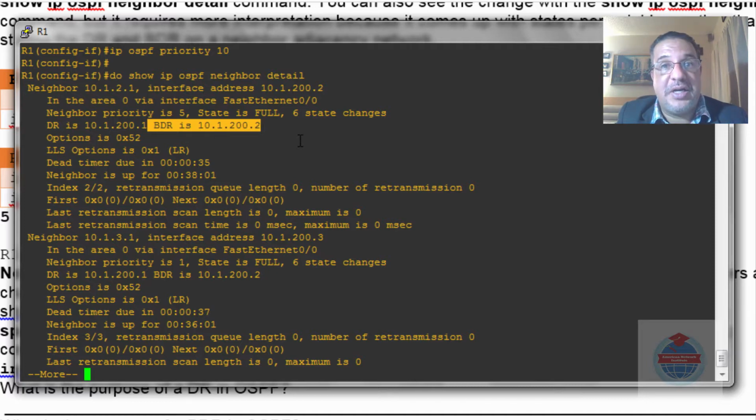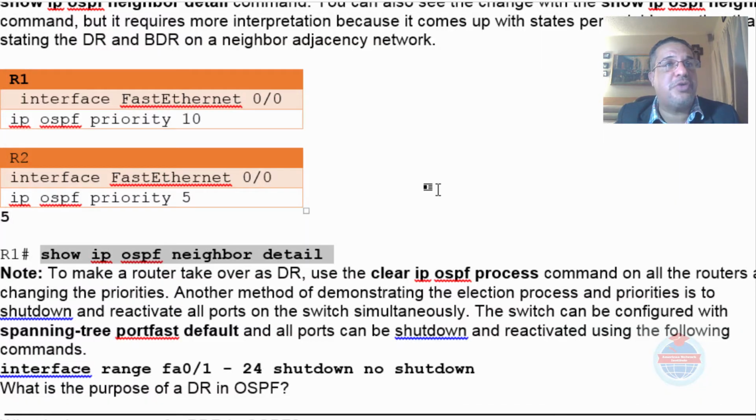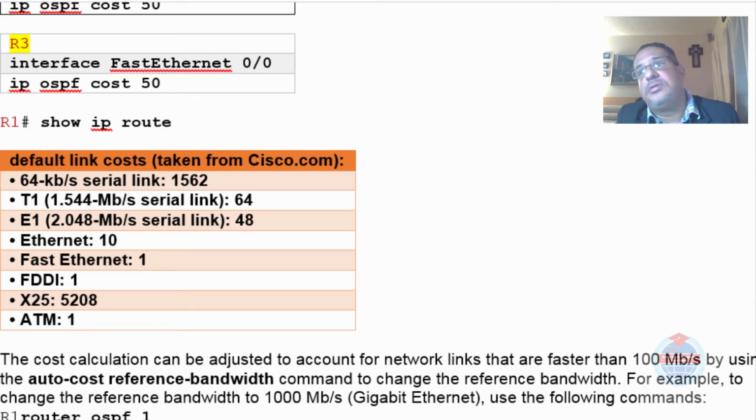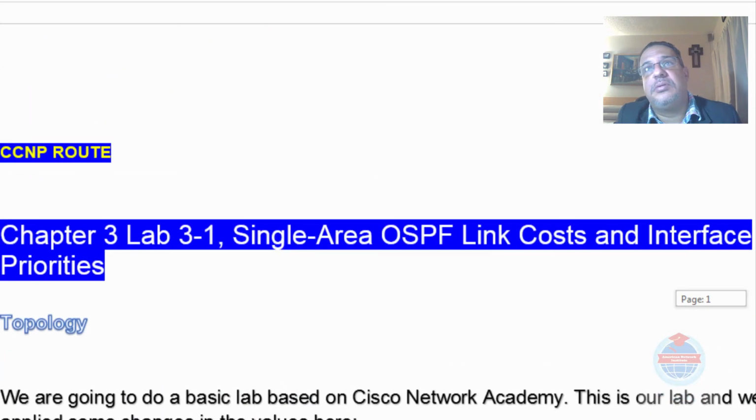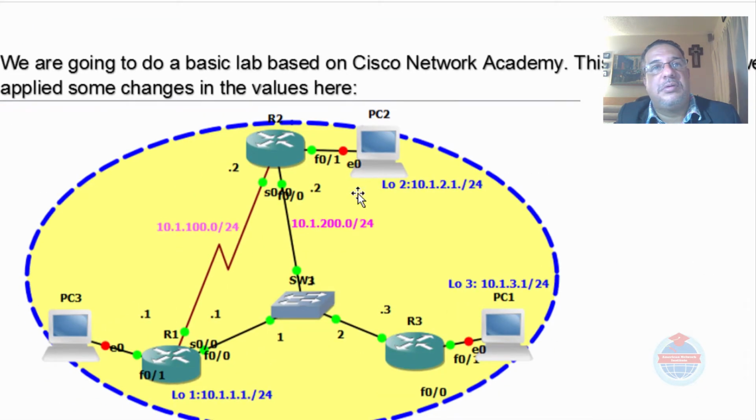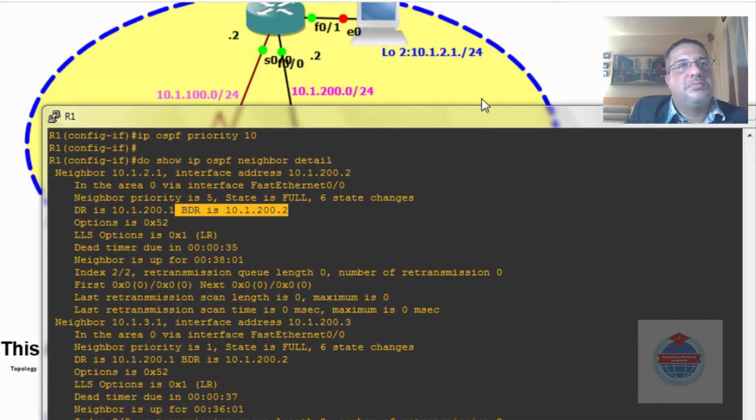You got it, guys? Remember, do you want to check the values again one more time? Certainly you do, because I don't want you to have any kind of confusion. These are the values that we were talking about. Over here, 10.1.200.2 became the BDR.